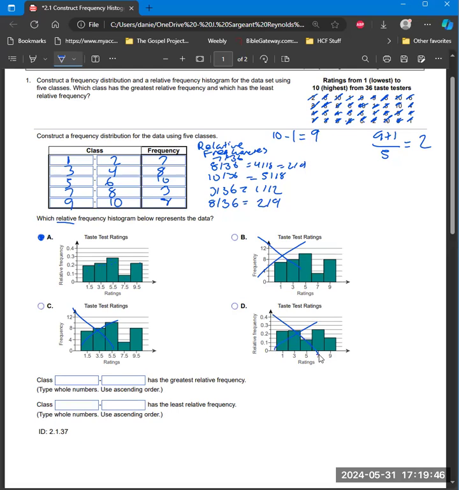So we would want to have our class marks between groups. We would be going from 1 to 2, and 1.5 would be in the middle. The class marks would be representative of the entire class.